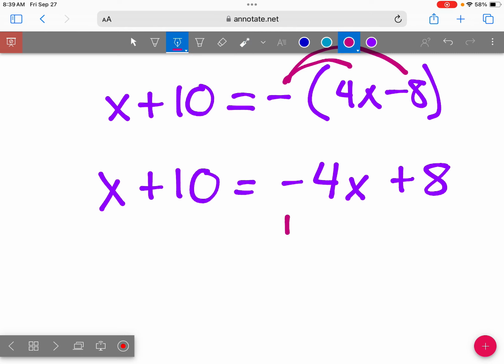Add the 4x. If you always move your smaller x, you will have fewer negative numbers to deal with. So on this last one, we moved the single x because 1x is smaller than 4x, and we want to put the positive value. In this case, negative 4x is smaller than x.